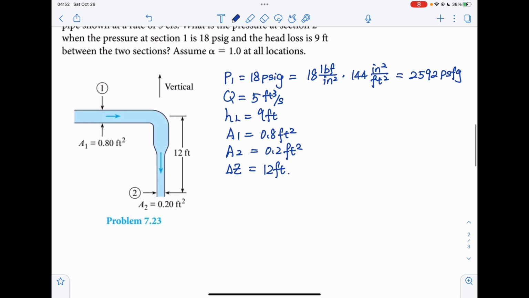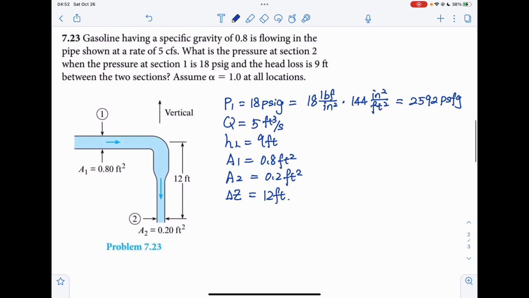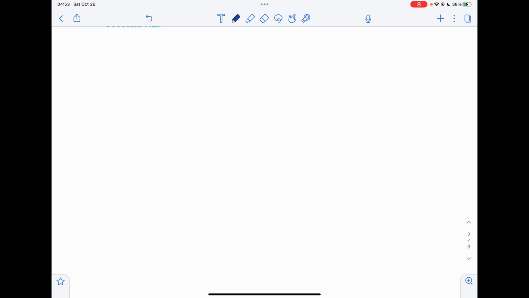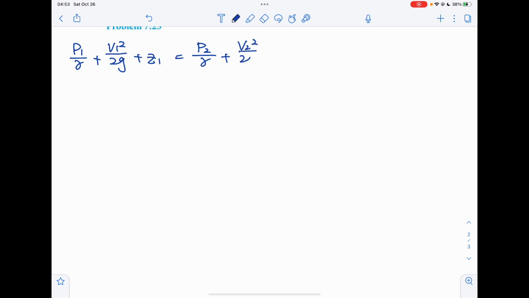Okay, so we're gonna apply the energy equation between point 1 and point 2. So P1 over gamma plus V1 squared over 2g plus Z1 is equal to P2 over gamma plus V2 squared over 2g plus Z2.